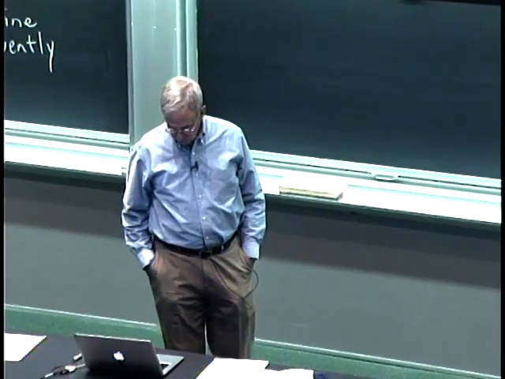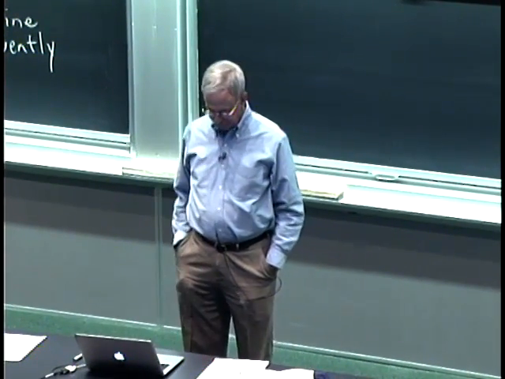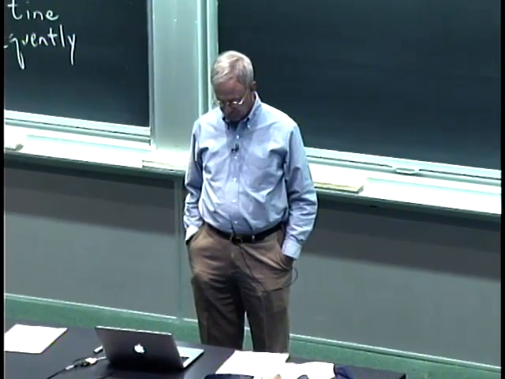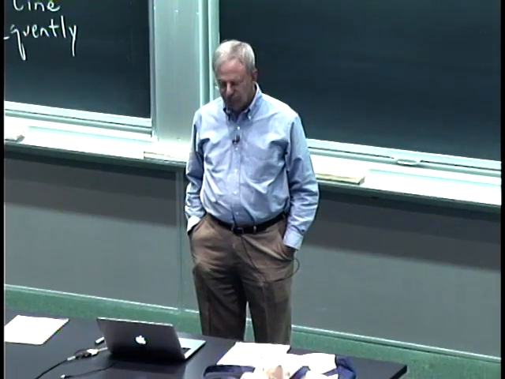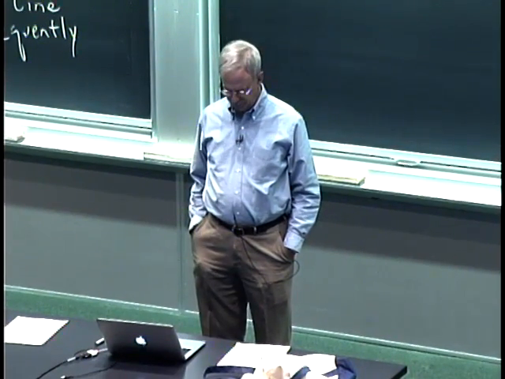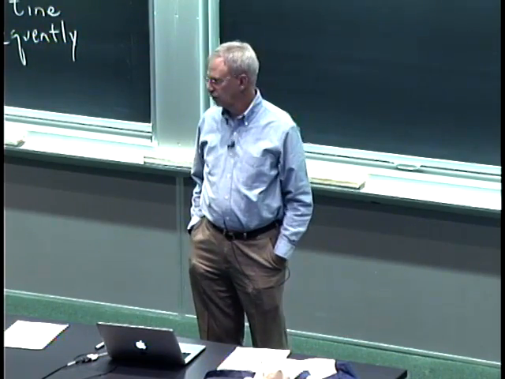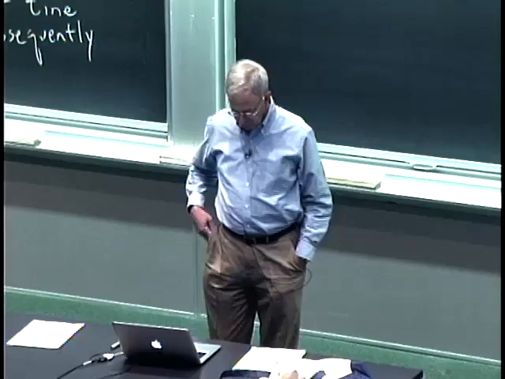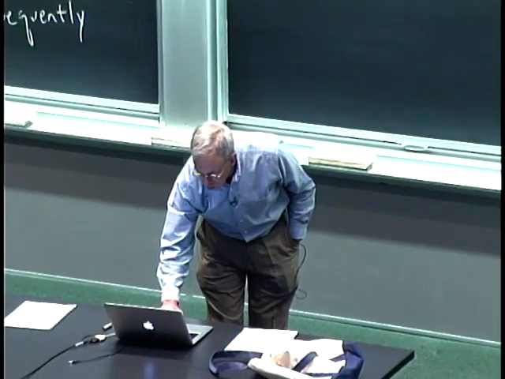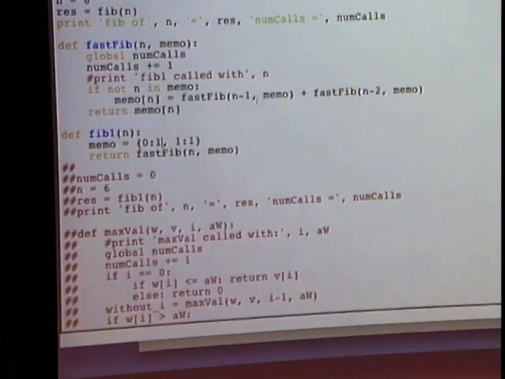So now, what do we think? Is this going to work? Or is there an issue here? What do you think? Think it through. If it's not in the memo, I'll compute its value and put it in the memo, and then I'll return it. OK?